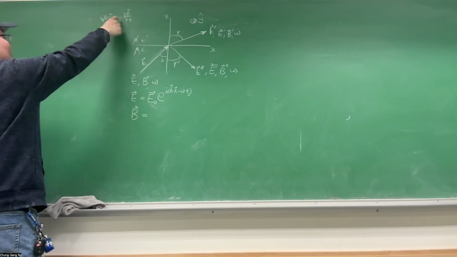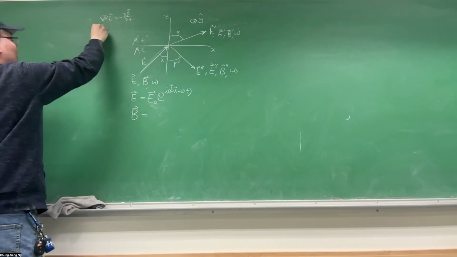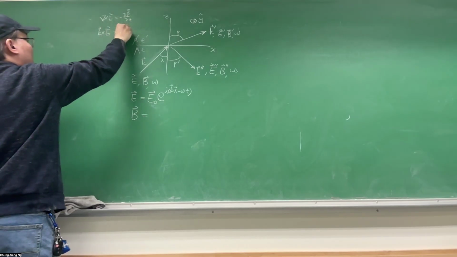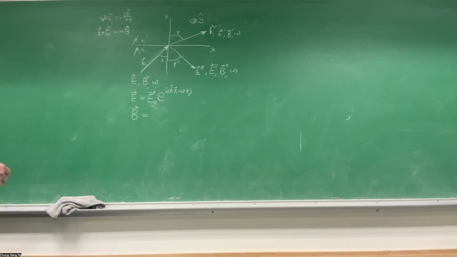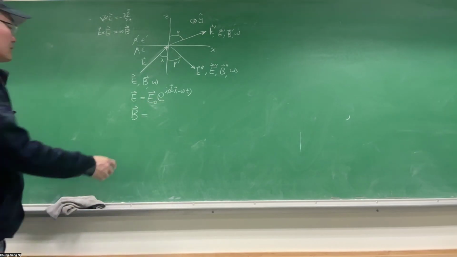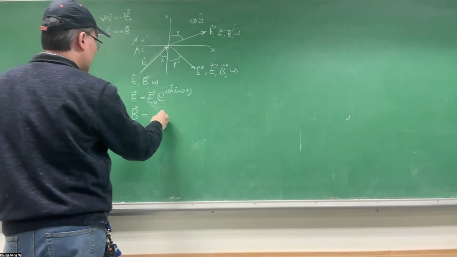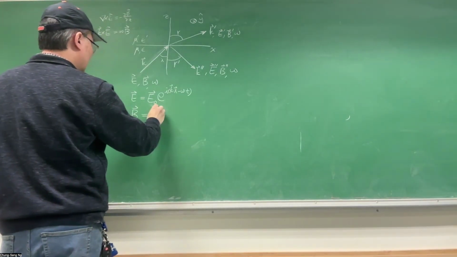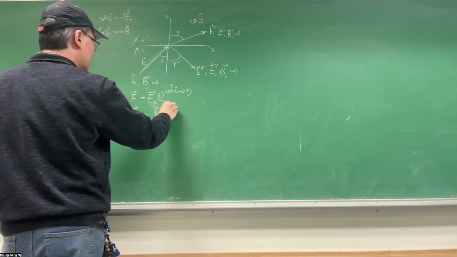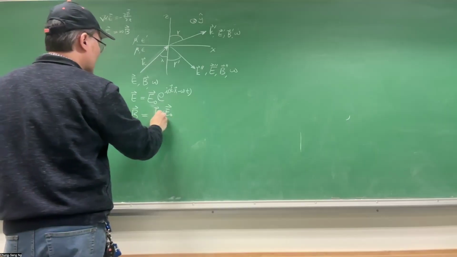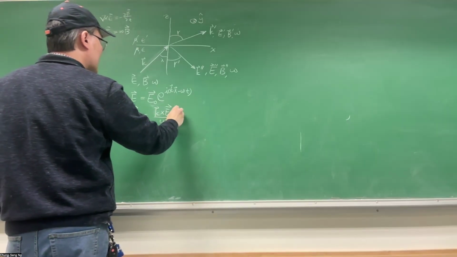So i and i cancel and the minus cancels: k cross E equals omega B. So B equals k cross E sub zero, divided by omega, times the phase factor.